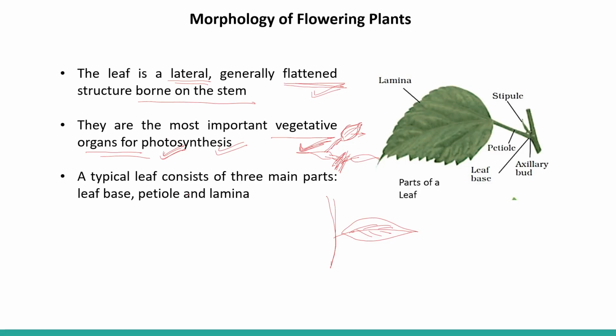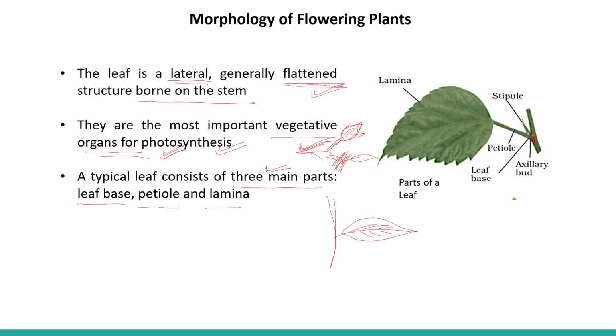A typical leaf consists of three main parts. If we take a leaf, then we get three main parts: leaf base, petiole, and lamina. Here, this is the leaf base, through which the leaf is attached to the stem.